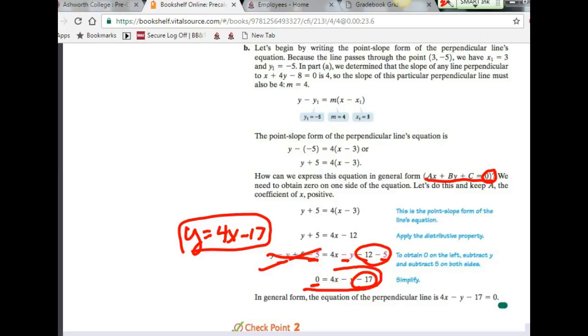So this is really the same thing as this. It's just put in what's called general form, because that's what the equation, for some reason, asks for. I would much prefer slope-intercept form, because it's much easier in this form to graph it and to do things with it. But because it asks for general form, that's why they put it in this form right here. Hope that was helpful.